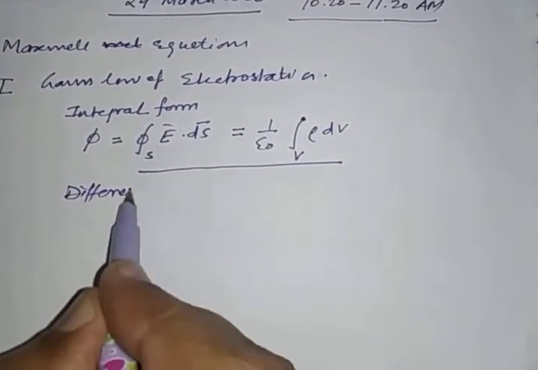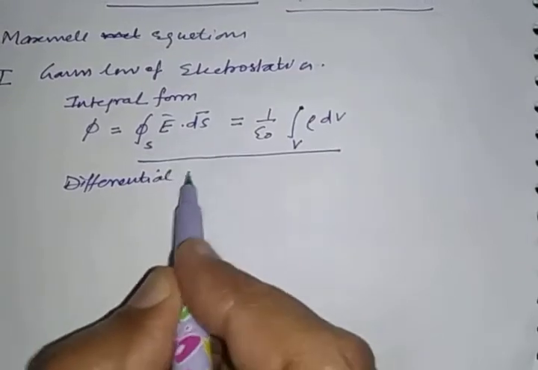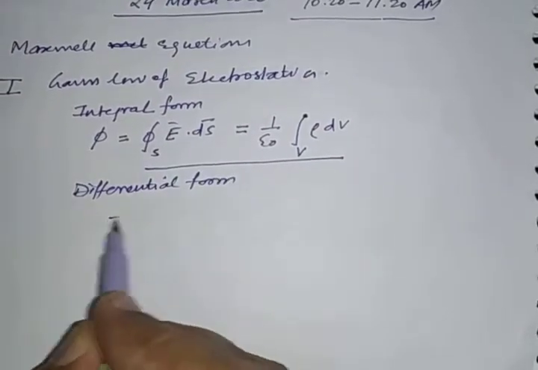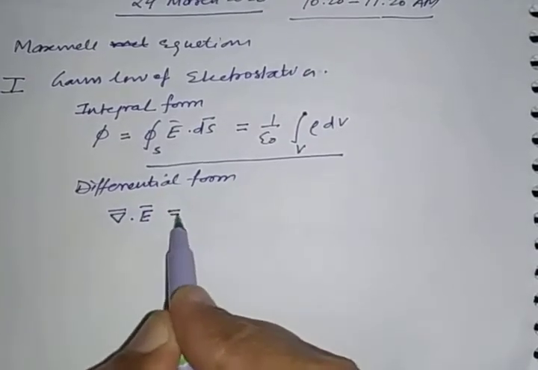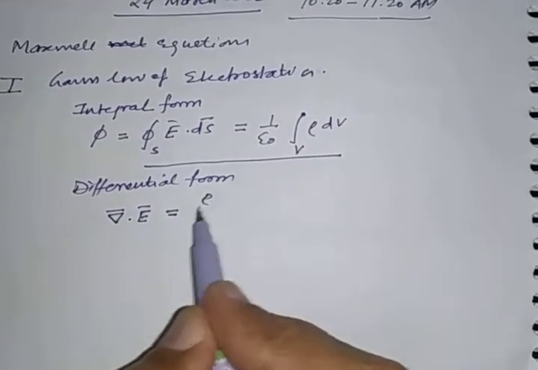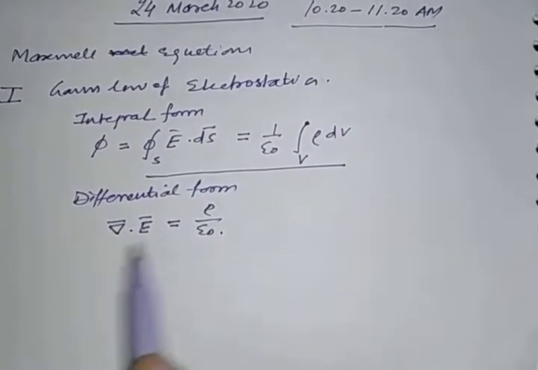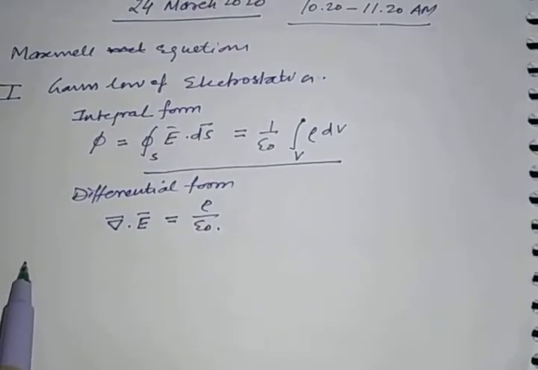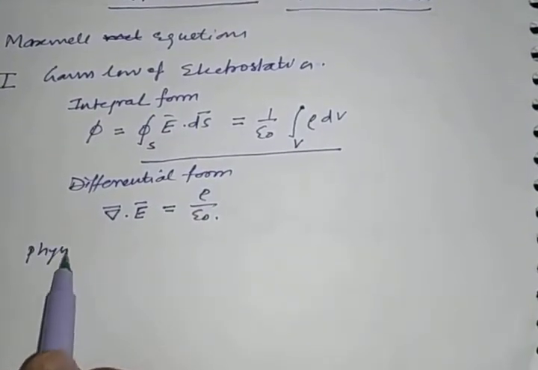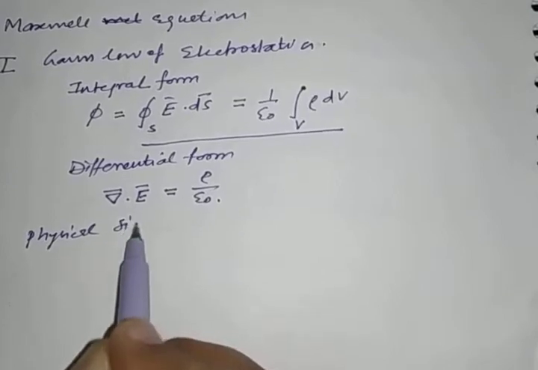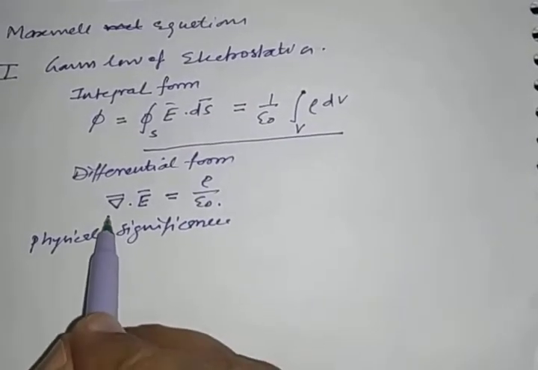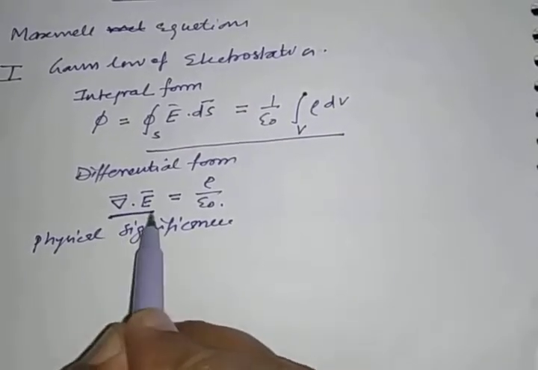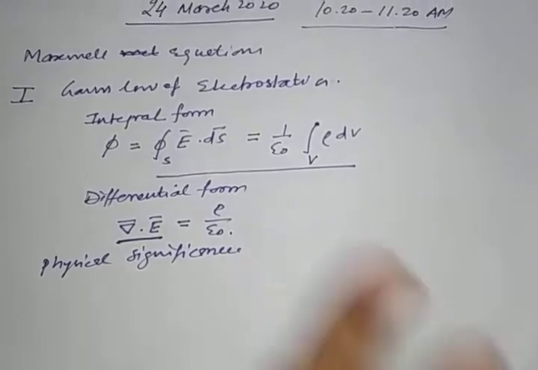When we see the differential form, it comes out to be del dot E is equal to rho by epsilon naught. If we see the physical significance of this equation, basically the left hand side governs the divergence of electric field.